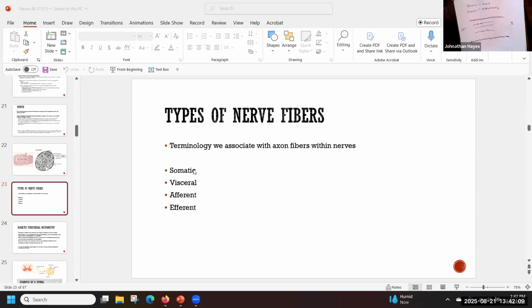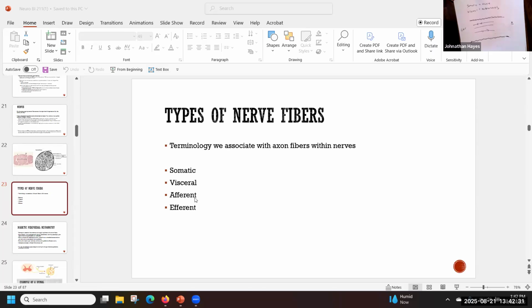So again, somatic afferent things are things that we can consciously feel, if you want to think about it that way. So that would be stuff of the skin or joints. Somatic efferent are things we can consciously control, so skeletal muscles. Visceral afferent is coming from like the organs, the vessels.